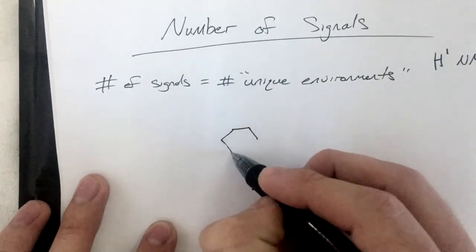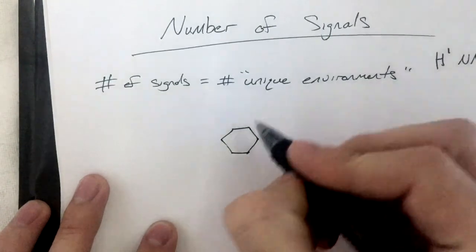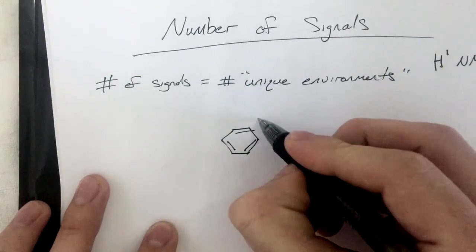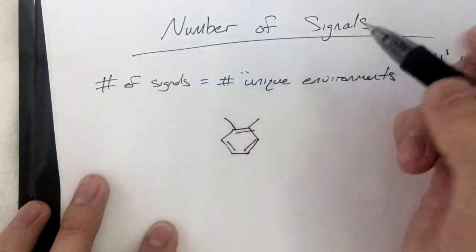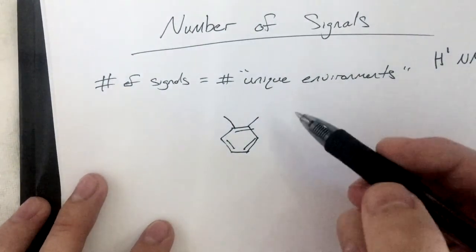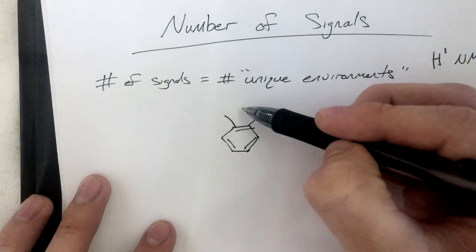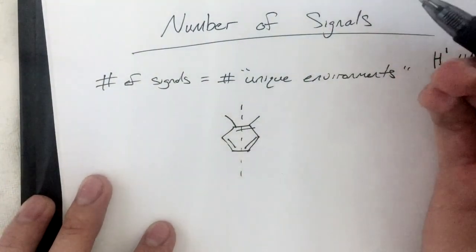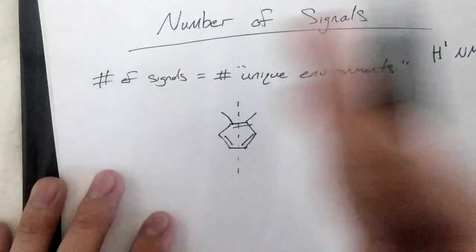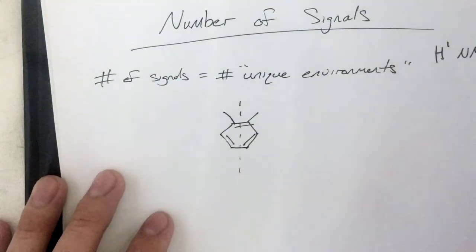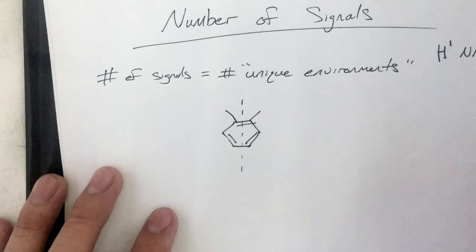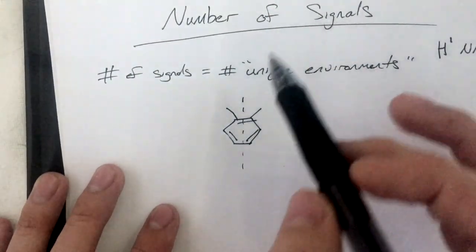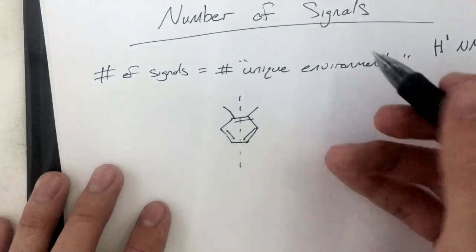In this molecule here, we see that there's a line of symmetry down the middle. Again, don't worry, this has nothing to do with R and S. This has nothing to do with stereochemistry. This is all to do with just the basic environments in relation to each other.